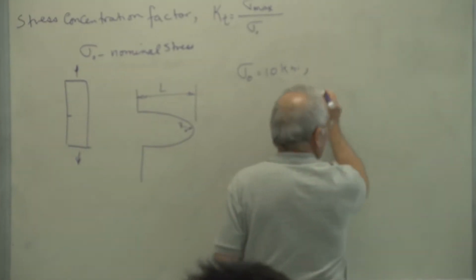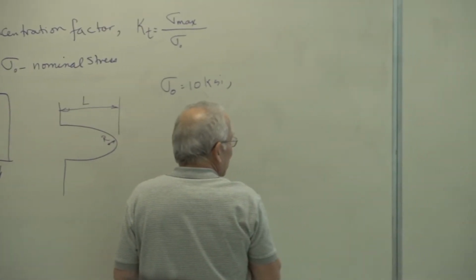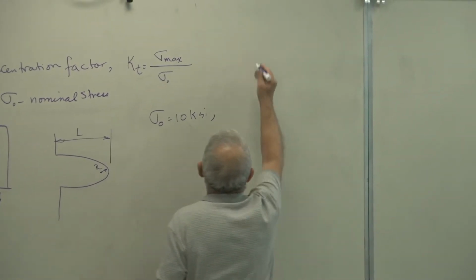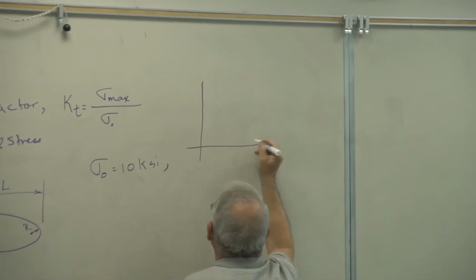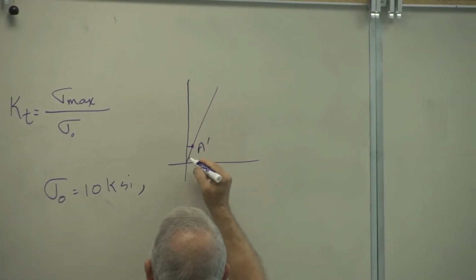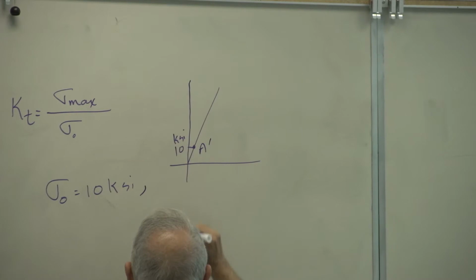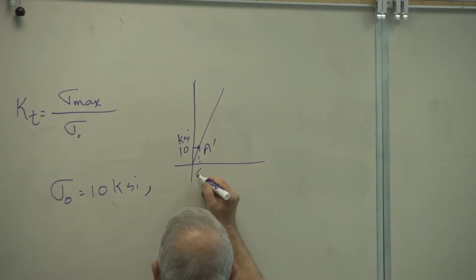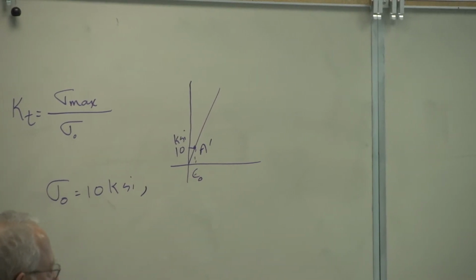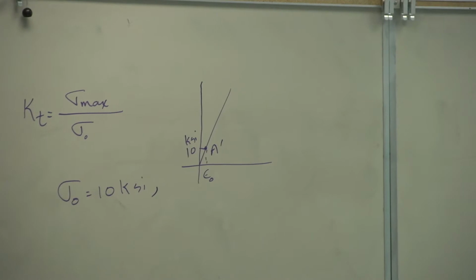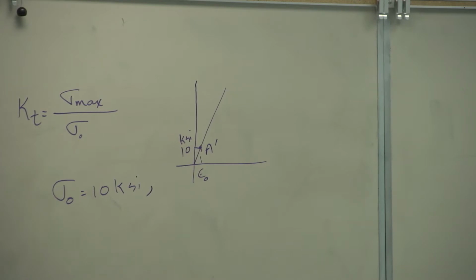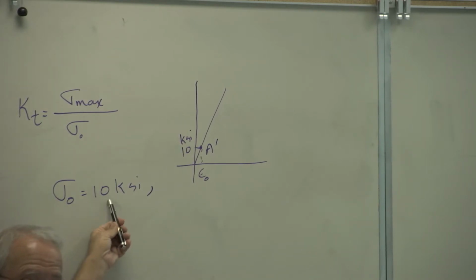And we'll call that at point A. I don't want to use point A, not yet anyway, so I'll redraw that here. I'm going to use this point, let's say A prime, where that's 10 KSI. This is epsilon nominal. According to the top equation, the maximum stress is 2 times that.